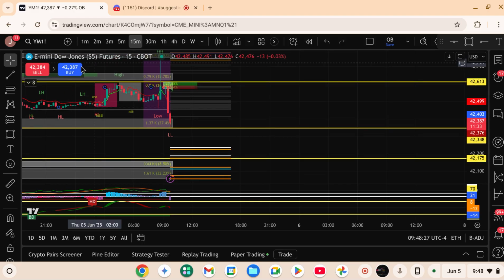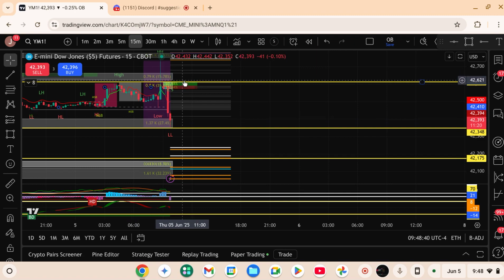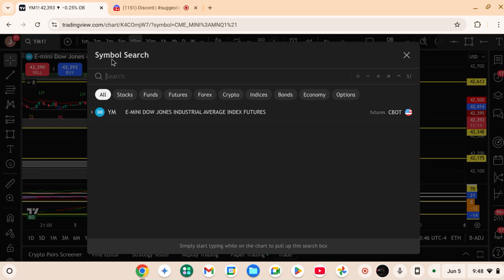So that would be your setup if you're looking at YM. Break below here, you're targeting this. If it closes above this order block, you're targeting this. But I'm more focused on gold. Gold looks cleaner.